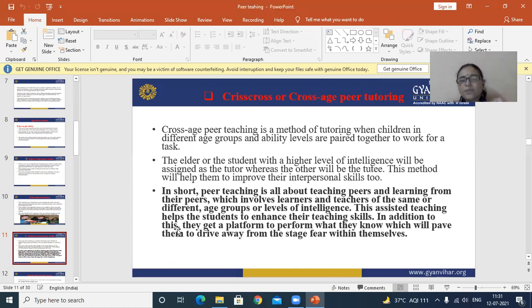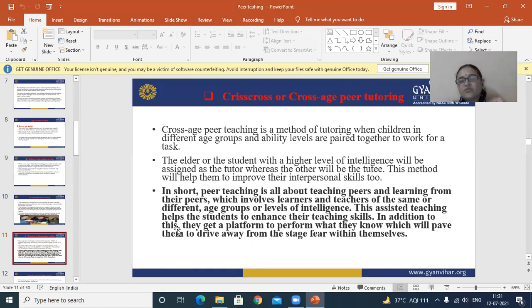In short, peer teaching is all about teaching peers and learning from their peers, where learners and teachers are of the same or different age groups or levels of intelligence.